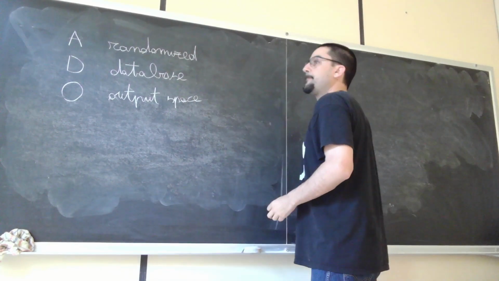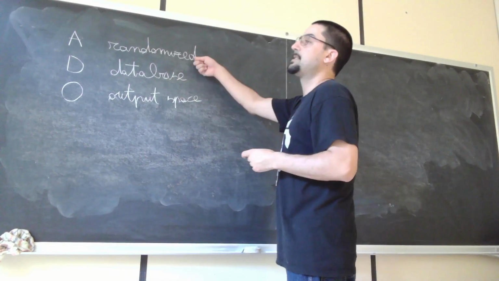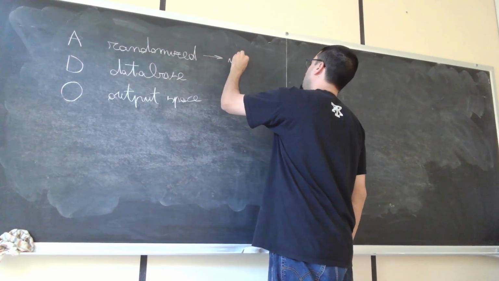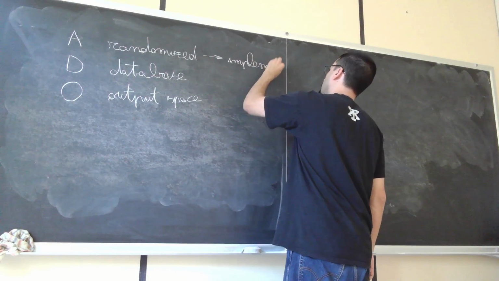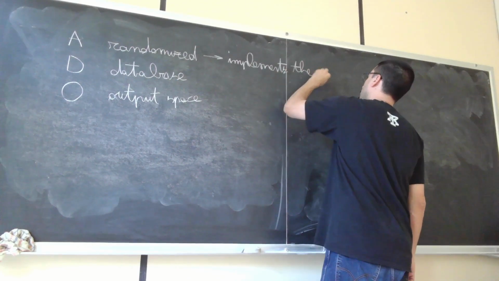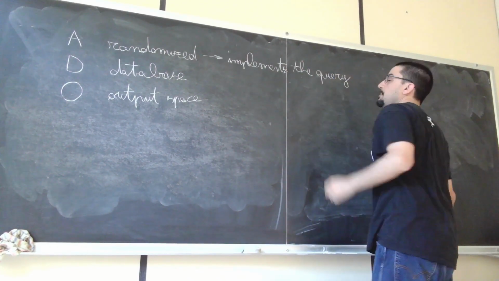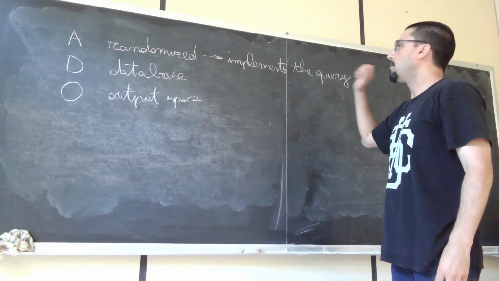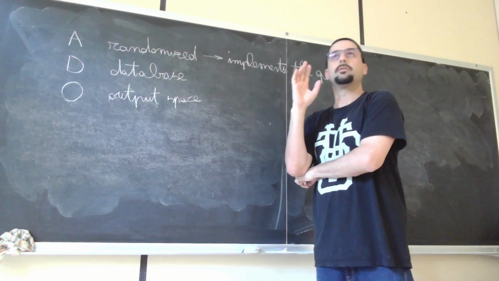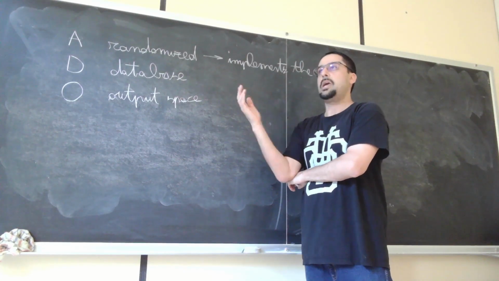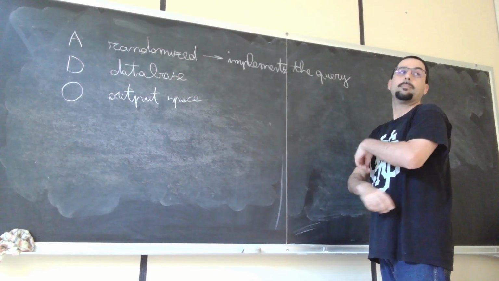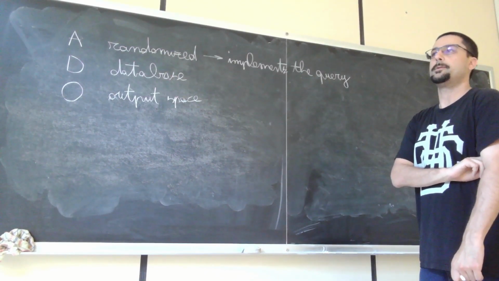We are going to say that A, this randomized algorithm, is the algorithm that implements the query. So, for example, get me the number of all people inside a medical database that have a particular disease up to age, I don't know, 60 or something. So A is giving back the results for this type of query.